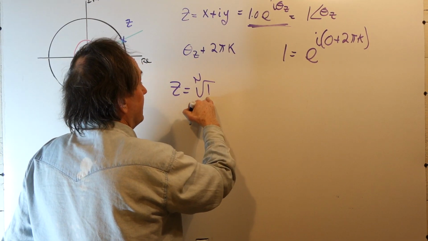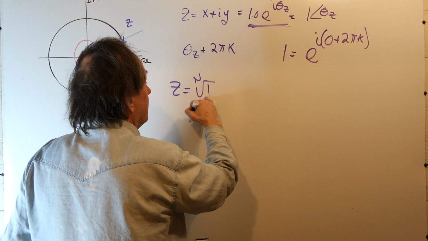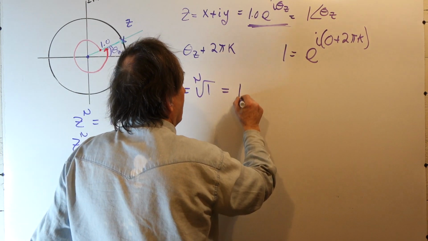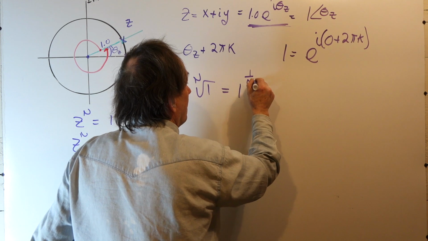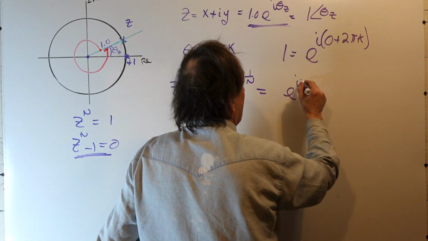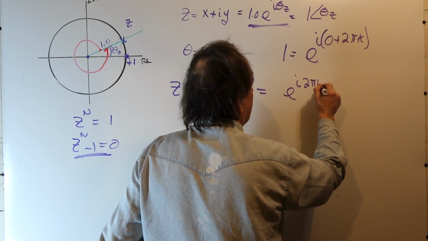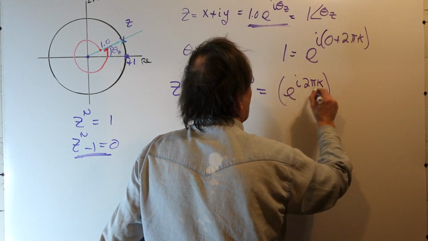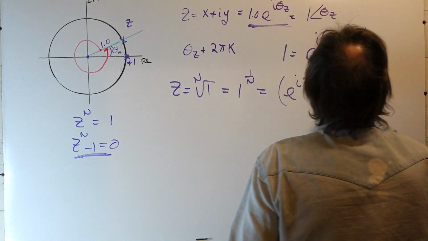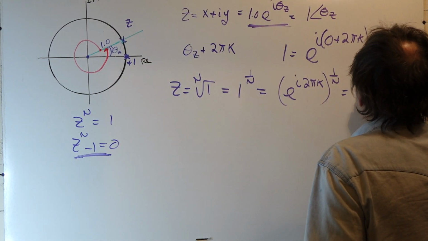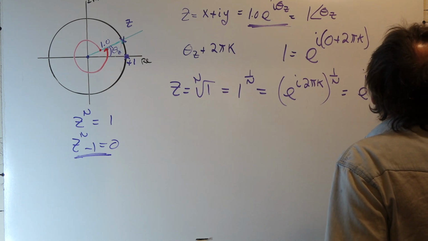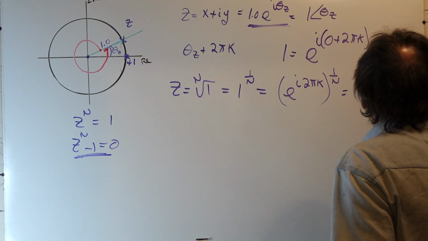So I'm going to put that in here for 1, and I will rewrite this rather than in radical form. This is 1 to the power 1 over n. Well, 1 is e to the i 2 pi k raised to the 1 over n power. And using properties of exponents, this can be written as e to the i 2 pi k divided by n.